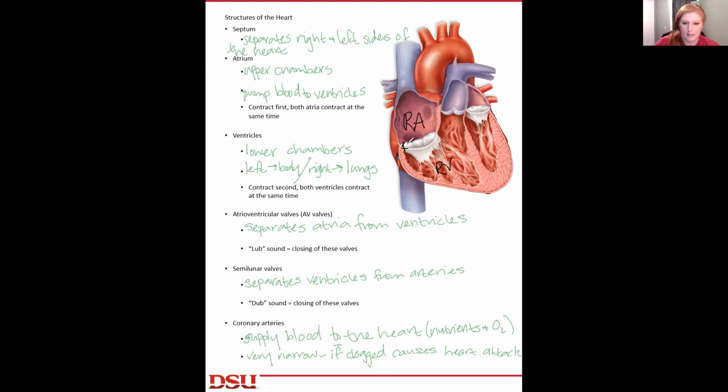So this is the right AV valve. Then we have our left atrium, and down here is our left ventricle. And this little guy here is the left AV valve. This is a semilunar valve.